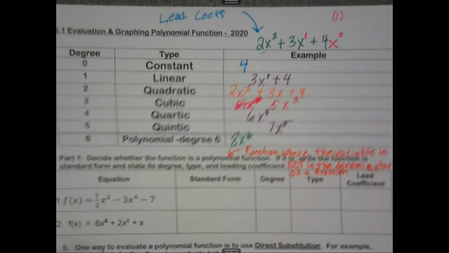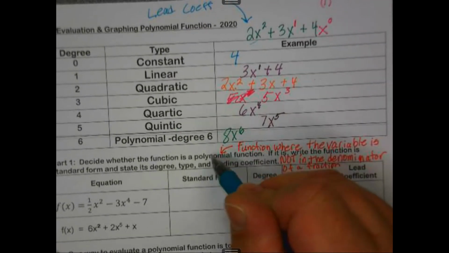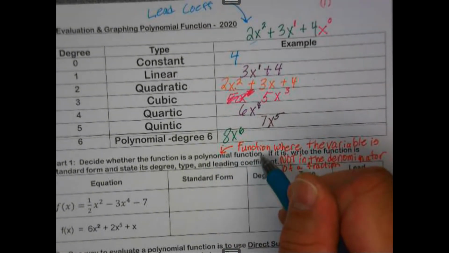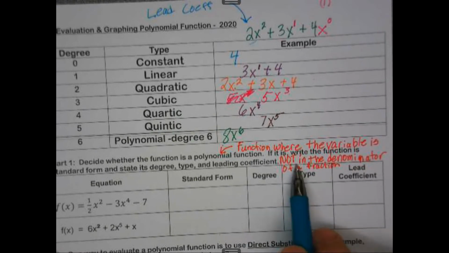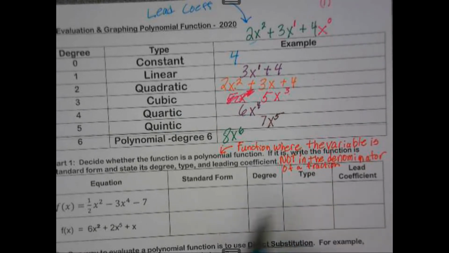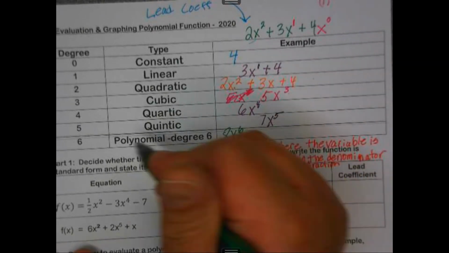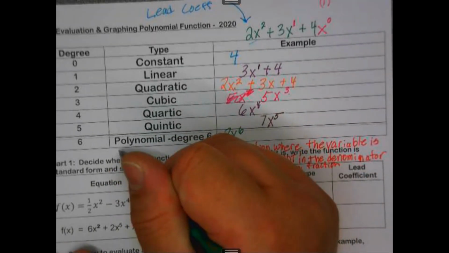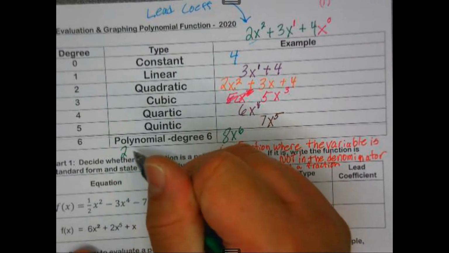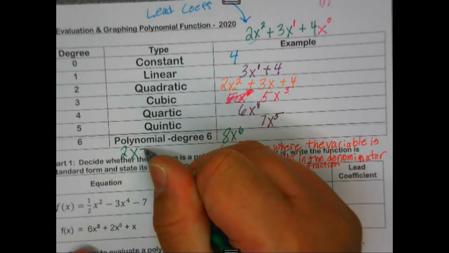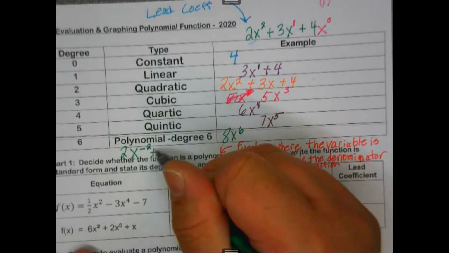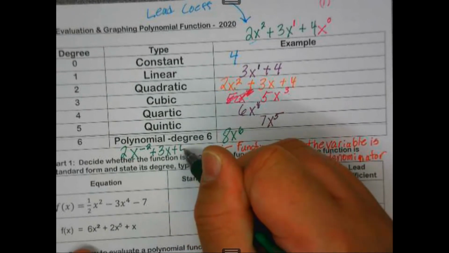All right. Now, for it to be a polynomial function, again, be careful not to see an x in the denominator. Now, it could be kind of hidden too. They might put something like 2x to the negative 2 plus 3x plus 4.